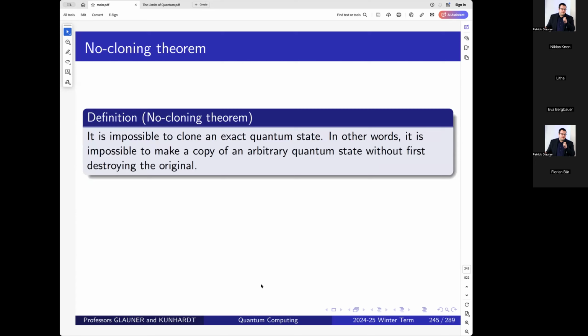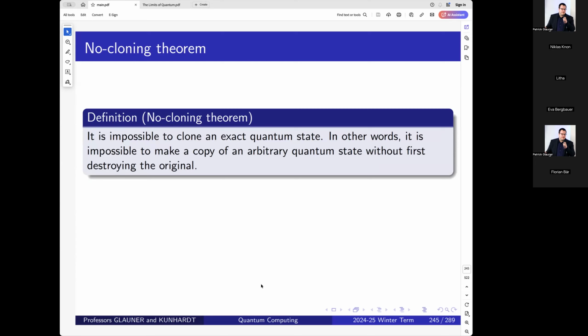And this comes from quantum mechanics, and feel free to read quantum mechanical literature where you can learn more about the no-cloning theorem. But for us, this is just something that we accept in this quantum computing course, because this is not a course on quantum mechanics.